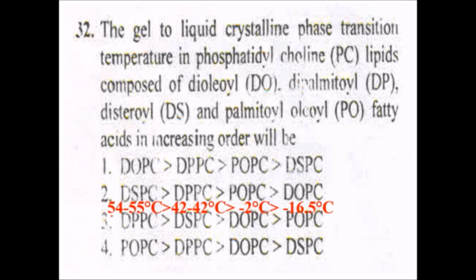Okay, next is also a very simple question, and not much explanation is needed in this. The gel to liquid crystalline phase transition temperature in phosphatidylcholine lipid composed of dioleoyl, dipalmitoyl, distearoyl, and palmitoyl oleoyl fatty acid, in increasing order, can be.